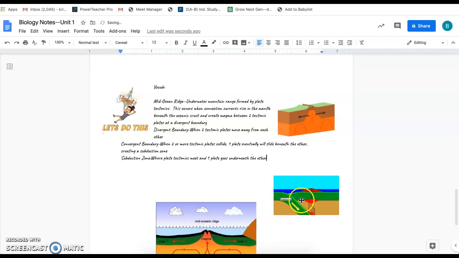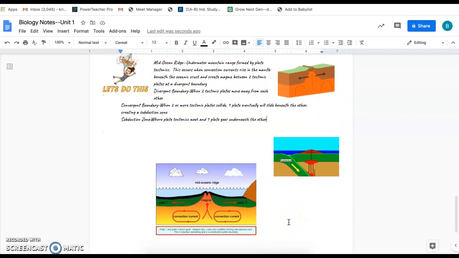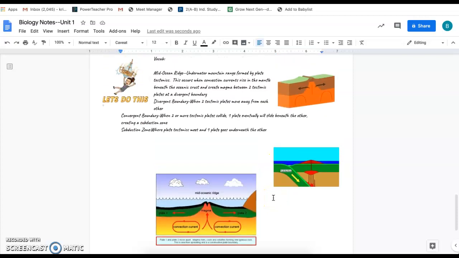Okay, so like I said, at the subduction zone, we have one plate that's going to eventually go underneath the other one. The other one just kind of goes over top of it, and the plate that's at the subduction zone going underneath is actually essentially getting eaten or destroyed.